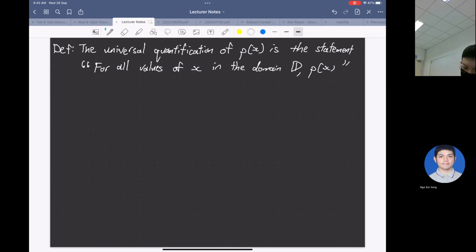I'll write the notation now, it's easier. So this is: for every x in B, P(x) is true for every x in B.